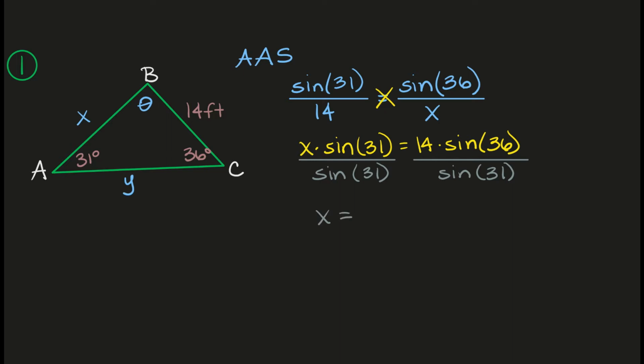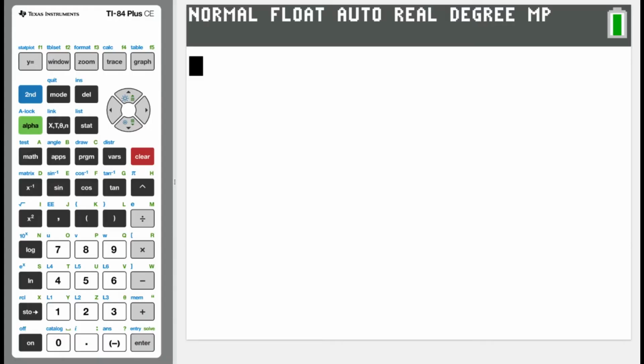So x here is going to equal 14 times sine of 36, all divided by sine of 31. So we'll type this in on our calculator. So here we have 14 sine of 36. This is being divided by sine of 31.